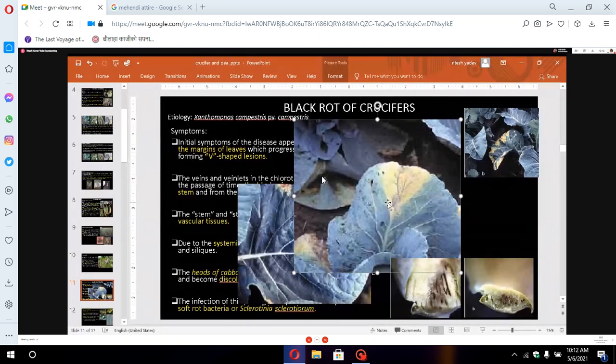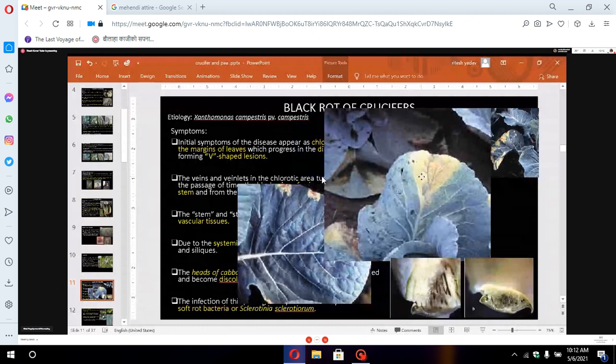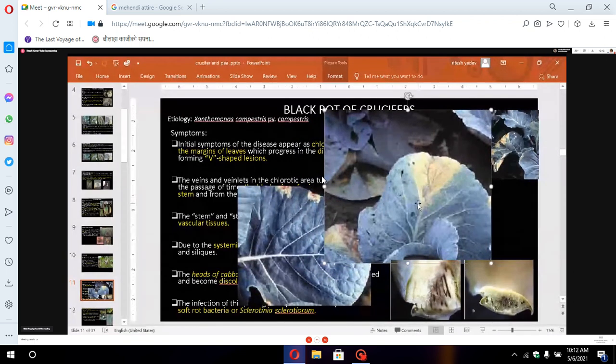So always observe the downside of the area, and if it is Xanthomonas, then you will see blackened veins and veinlets. So it causes necrosis of the veins. So that is a very important criterion.